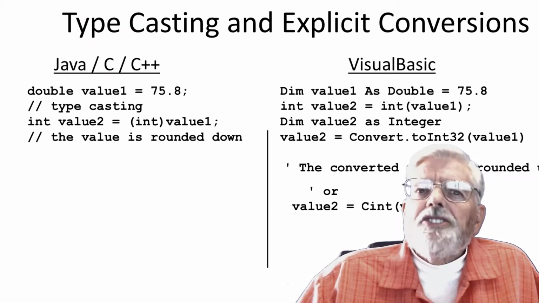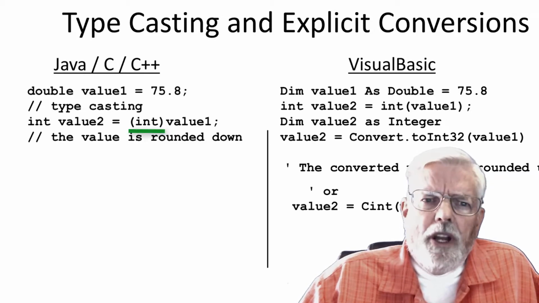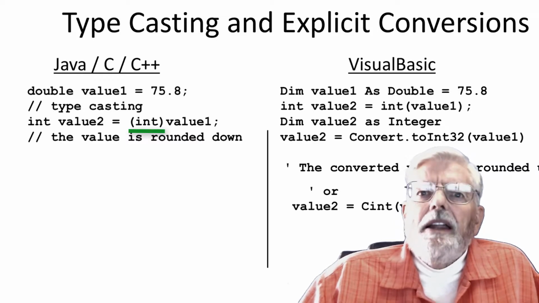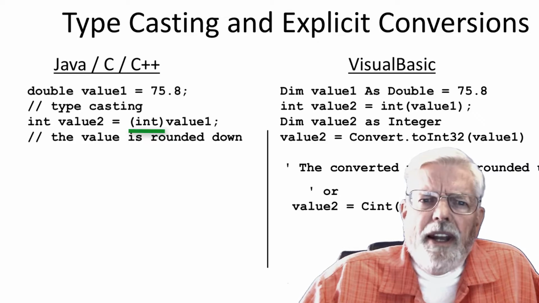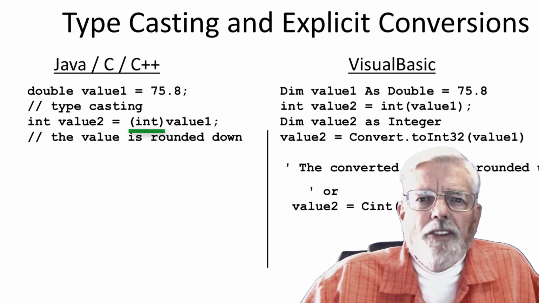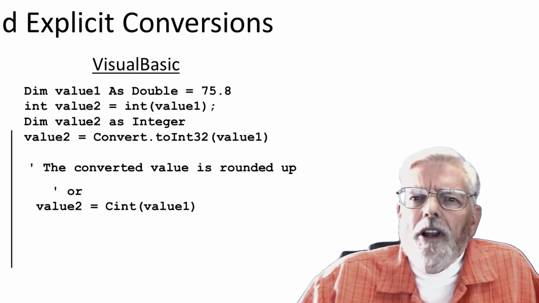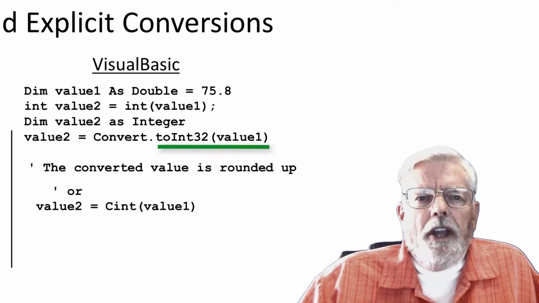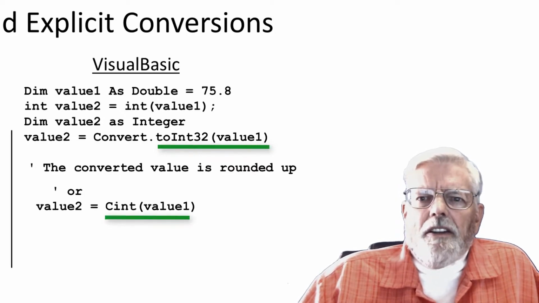The best and safest way to convert from a double to an integer is to call a conversion routine or, in C or C++, to do a typecast. Then you have defined what you want to happen instead of just letting the compiler do what it thinks you may want. Visual Basic has two ways of converting a floating point value into an integer. There is the ToInt32 method, and there is the CInt function.